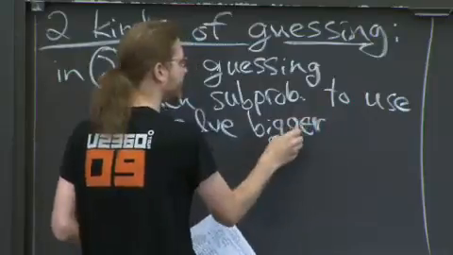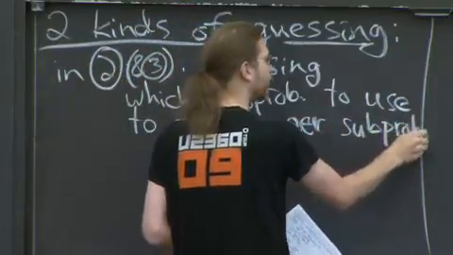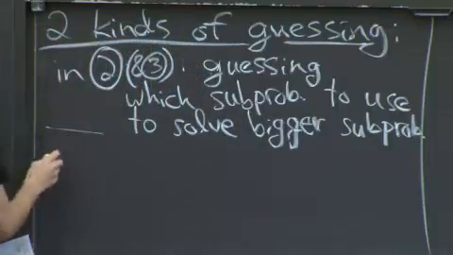So that's what we've seen many, many times by now. Every DP that we've covered, except for Fibonacci numbers, has used this kind of guessing. And it's sort of the most common, I guess you might say.